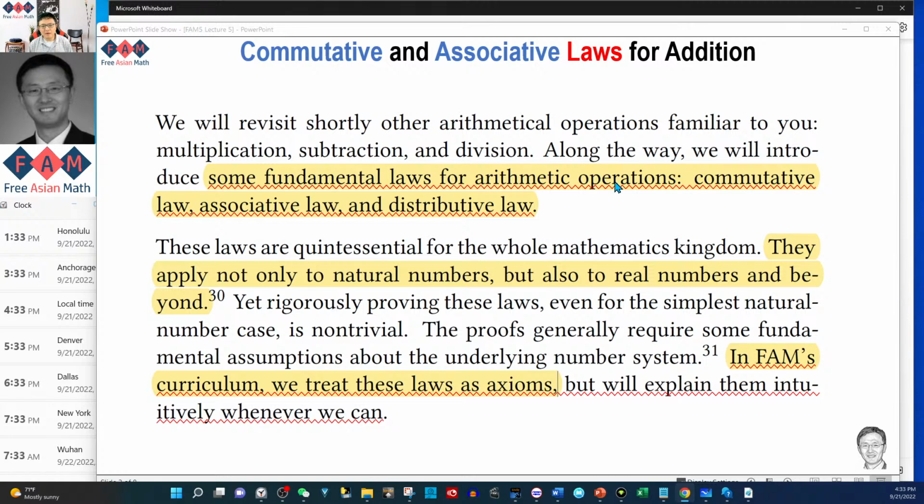So why are those laws so important? They are the fundamental laws for the whole mathematical kingdom. Right now we are at the very beginning of a long journey of studying math, so we start with simpler systems, namely just the natural numbers.